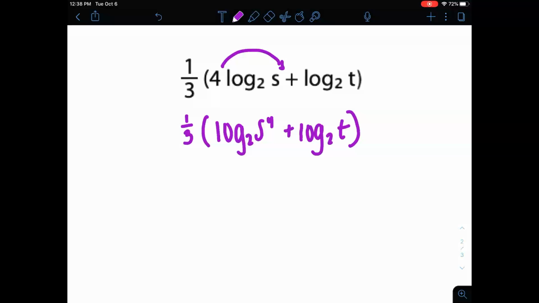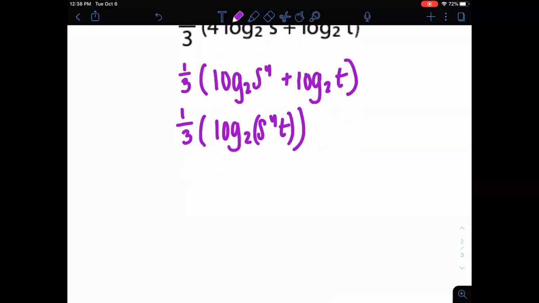Now that I have those as a power, I can use my addition rule, which multiplies my 2 arguments. So this turns into log base 2 of s⁴t as my middle argument. Then all I have to do is get rid of the parentheses because I have 1/3 log of s⁴t.